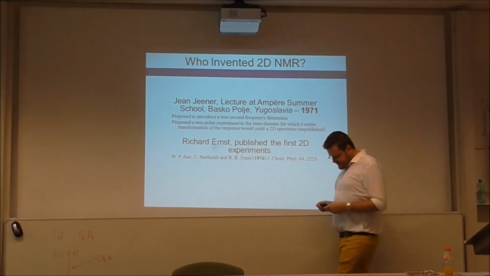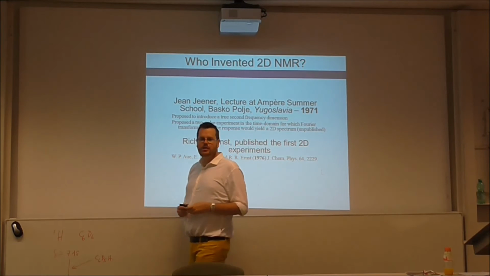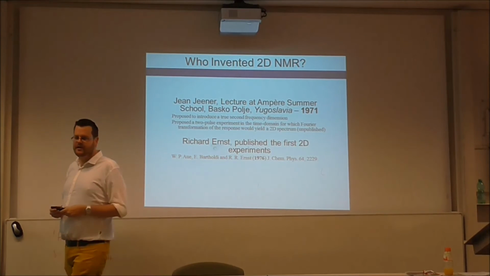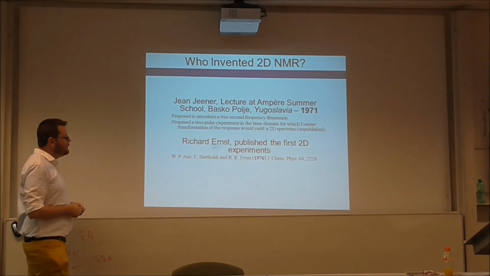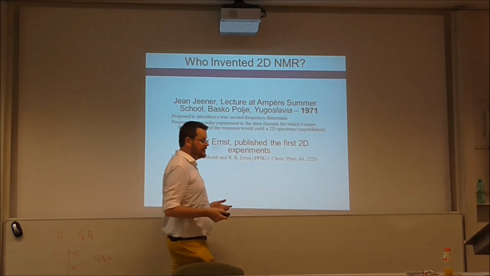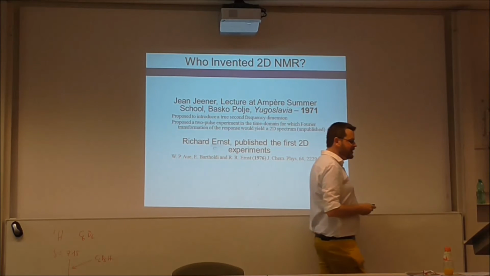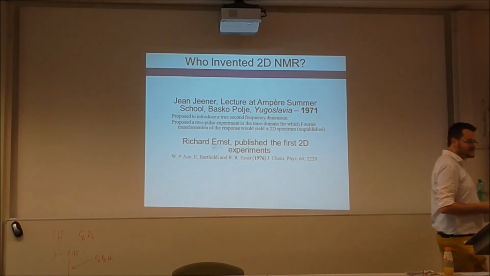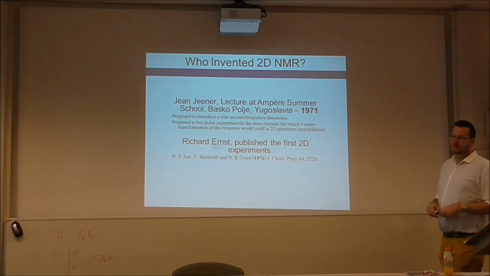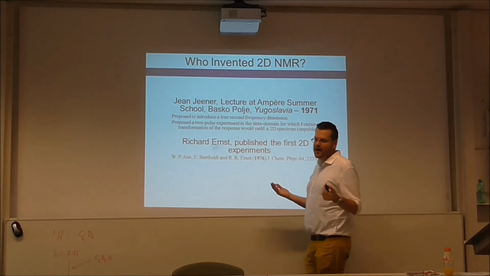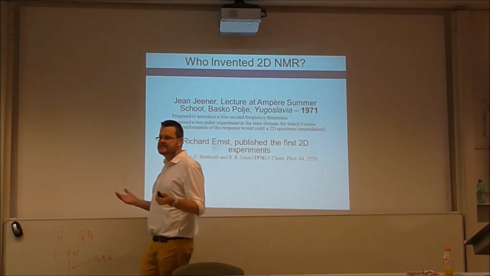Now, this business of 2-dimensional NMR spectroscopy actually started only in the early 70s. So you can see this is really early to late 70s. So this is something that's very modern, right? This is not something that's always been around. 1D NMR spectroscopy has been in use in chemistry since the 1950s.